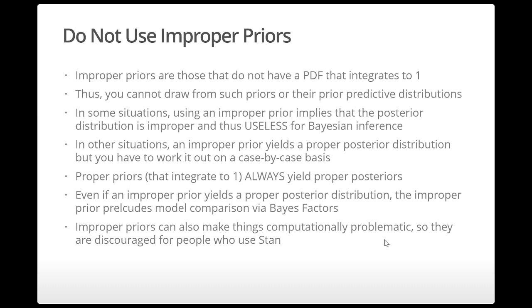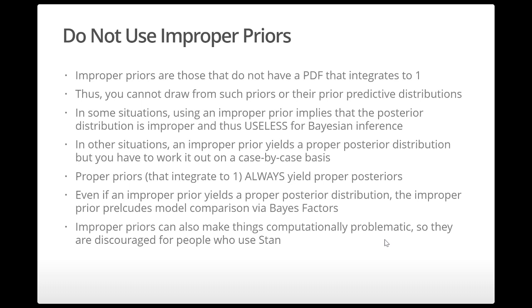If you want to use an improper prior, you have to figure out whether the posterior is proper on a case-by-case basis by doing some algebra and calculus yourself. But if you avoid improper priors and only use proper priors, that is sufficient. You will always get a proper posterior. So that is a very useful sufficient condition.